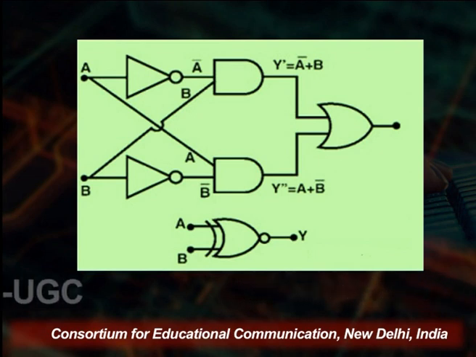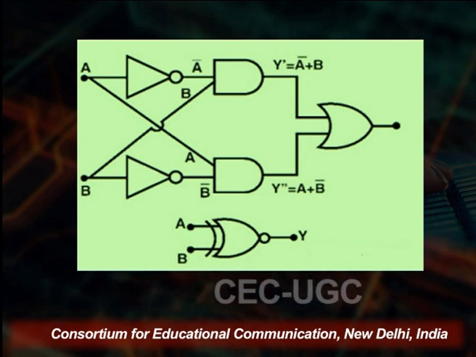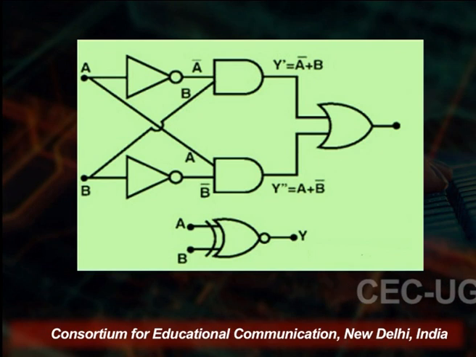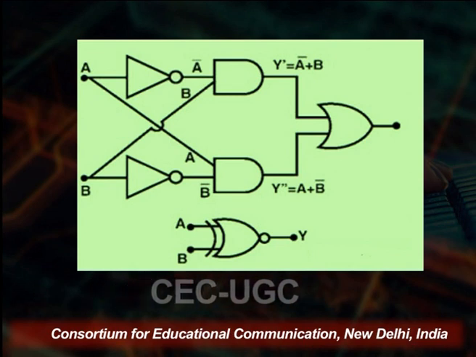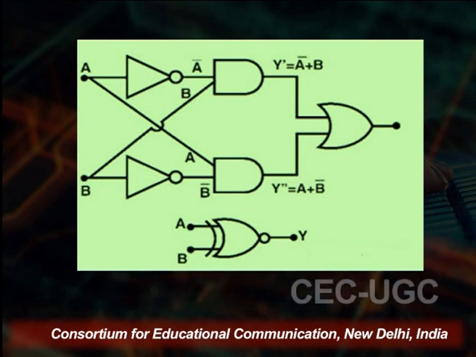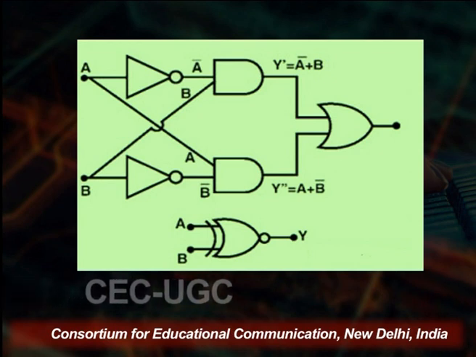Now easily we can see on the screen that this is our gate. Like you see here, A inverted will go into the first AND gate, and the positive B goes into the AND gate. Then the output will be Y = A'B, and this output will go into the OR gate as an input. Now you take the other AND gate input.